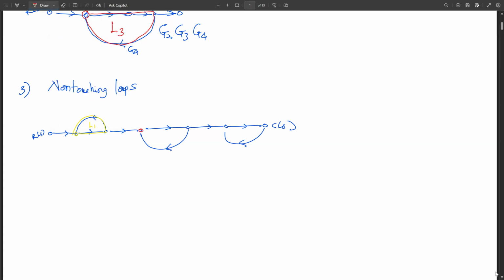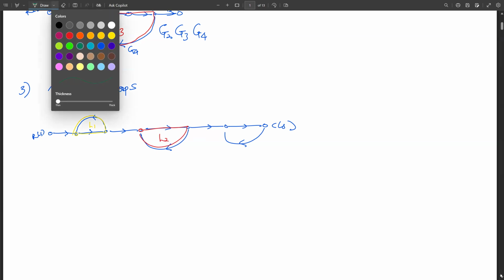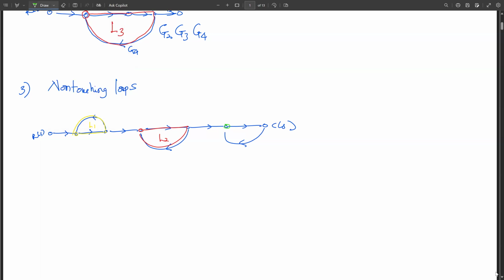This also qualifies to be a loop. I start from here and I end up on the same node: loop two. This also qualifies to be a loop. I start from here, I end up on the same node: loop three, right? So in this case, L1, L2, and L3 qualify to be non-touching loops because they have no node in common.